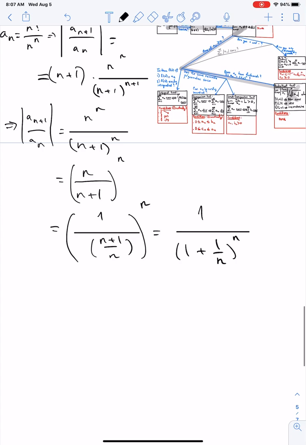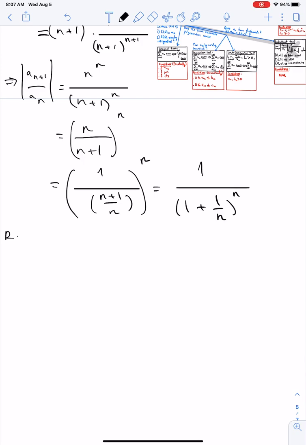Okay, so now recall something from first semester as well. Remember that the limit as n approaching infinity of (1 plus 1 over n) to the n is equal to e, right? Rather remarkably.